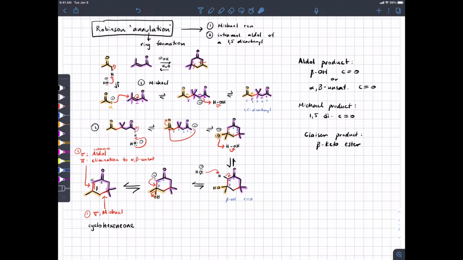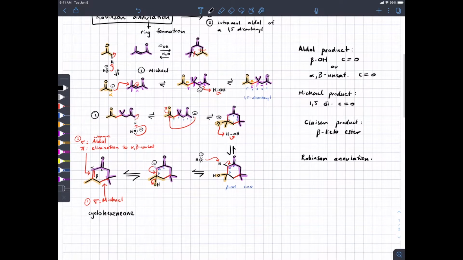And we're going to introduce one more, and I've told you, you don't necessarily need to think of the Robinson annulation as its own thing because it's really just a Michael reaction followed by an intramolecular aldol. But it can be useful to remember that if you see a six-membered ring with a ketone and a conjugated double bond, we will call that a cyclohexenone.